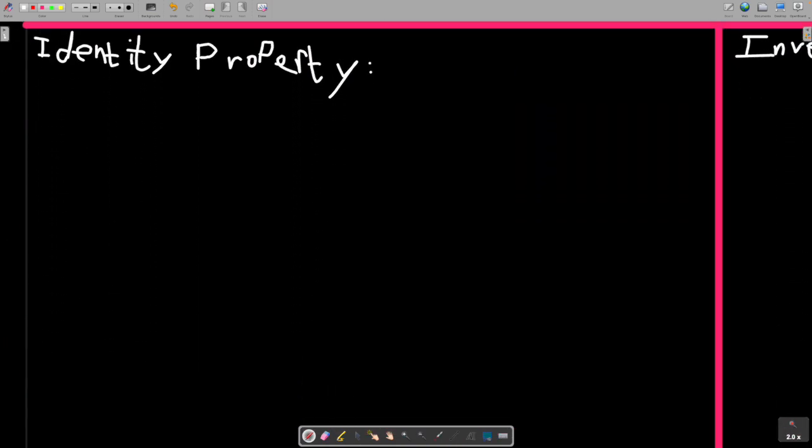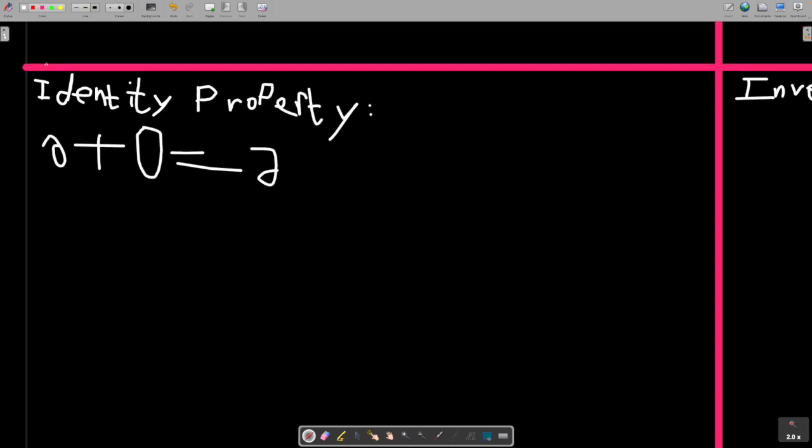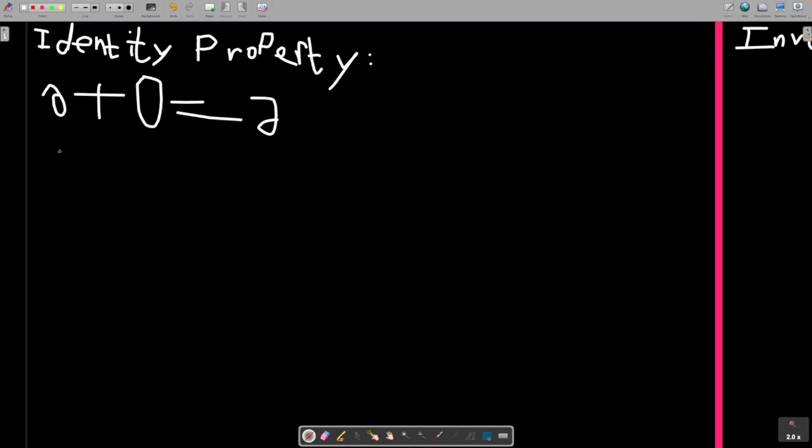Next is the identity property. The formula is a plus 0 equals a. This means that if you add any number to 0, it will not change. It will maintain its identity.